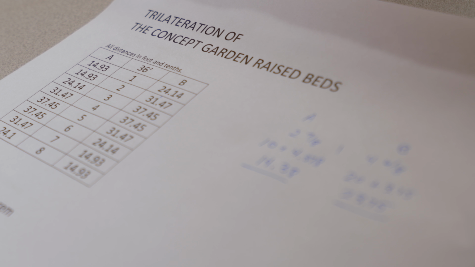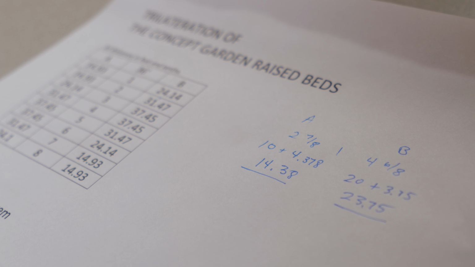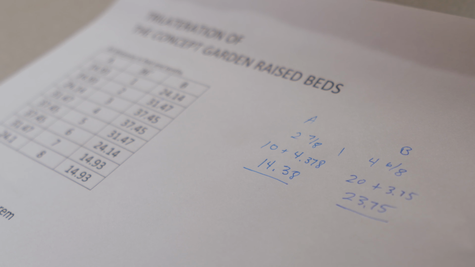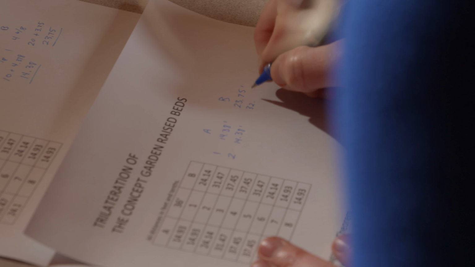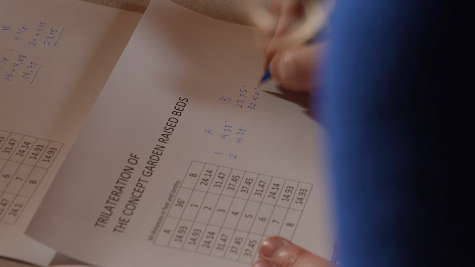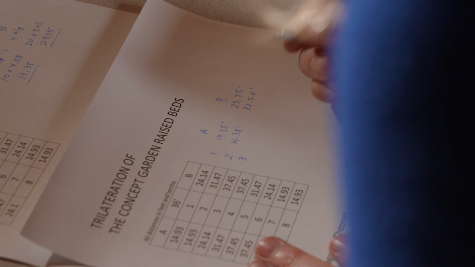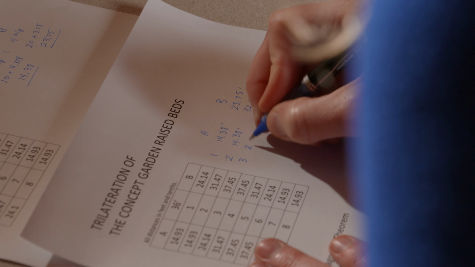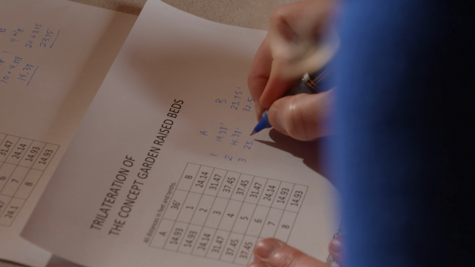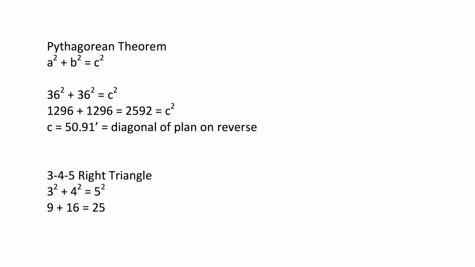So if you look at what we came up with, our first mark of 14.38 and 23.75, we're not too far off our measurements that we came up with on AutoCAD of 14.93 and 24.14. There might be a little bit of a margin of error when you compare AutoCAD to using a ruler, because AutoCAD is more accurate.